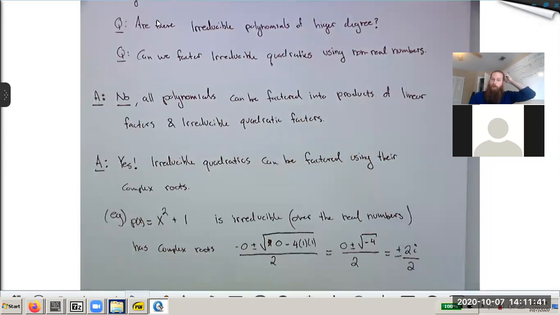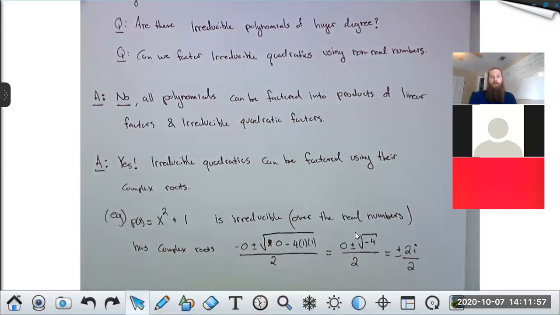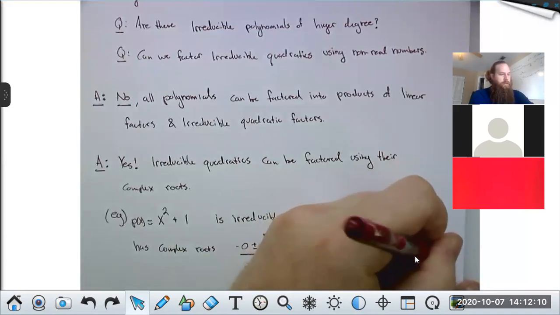Right? So you have to remember how square roots of negative numbers work. The square root of -1 is i. So if you have the square root of some negative number, you'll just have i times the square root of the positive version of that number. The square root of 4 is 2. So this numerator here, the square root of -4, is 2 times i, because the square root of the negative is i, the square root of the 4 is 2. And you can cancel the 2's, and you get plus and minus i.